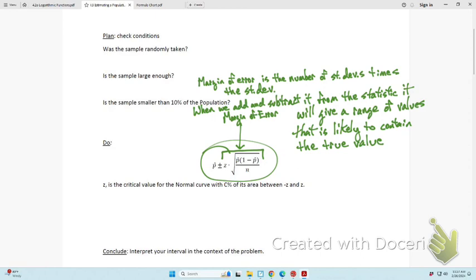So write that somewhere on your paper, bottom of this page, top of this page, next to that.